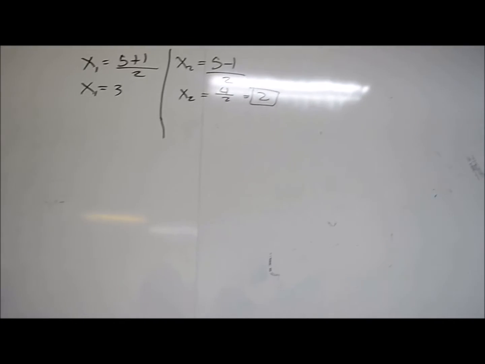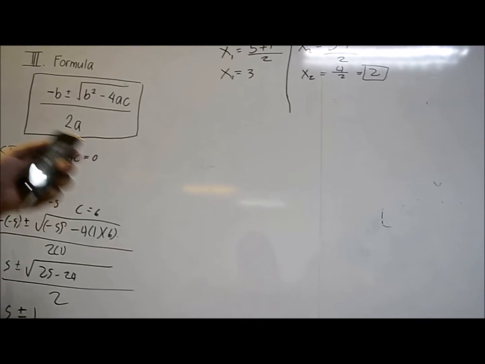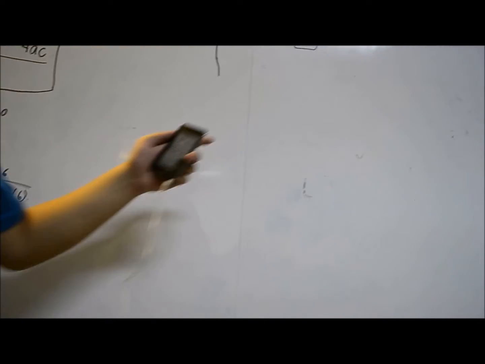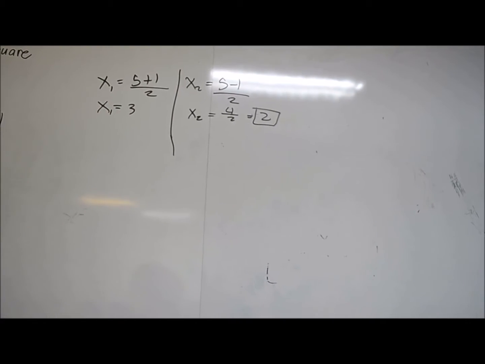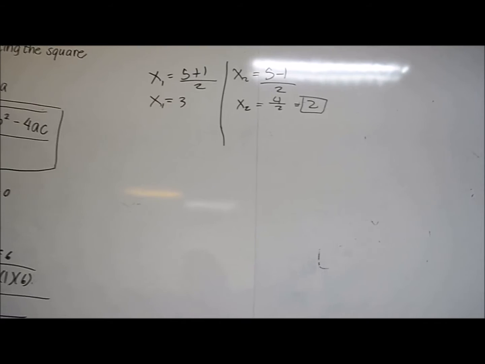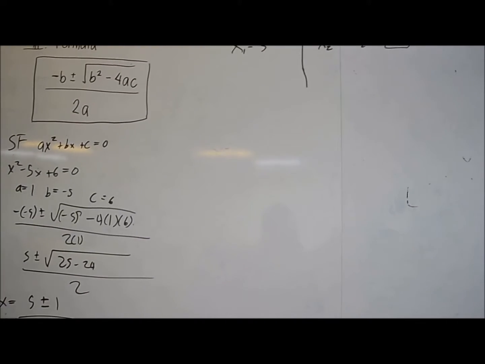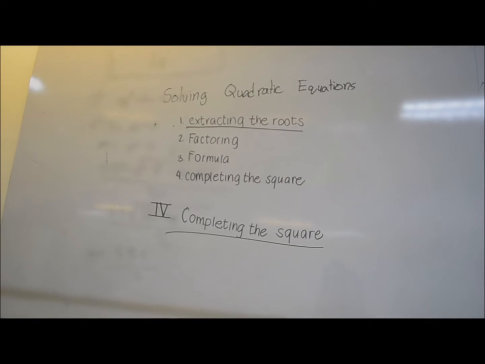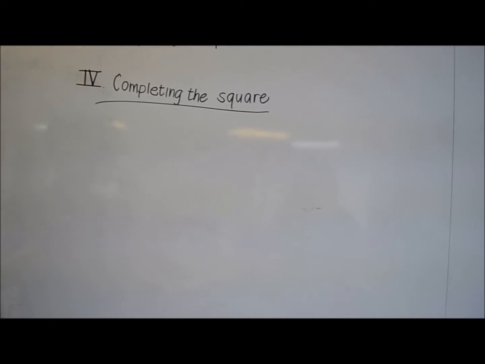Going back to the previous answers, remember that when we used factoring, we had 2 and 3. So whatever you use, whether it is by factoring or by formula, you shall have the same answers. And the last method is by completing the square.